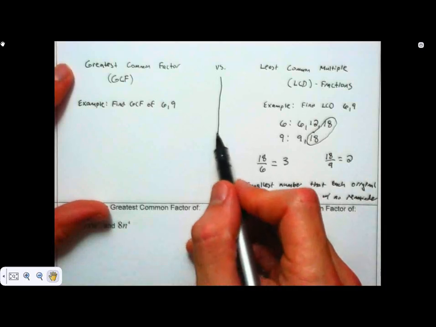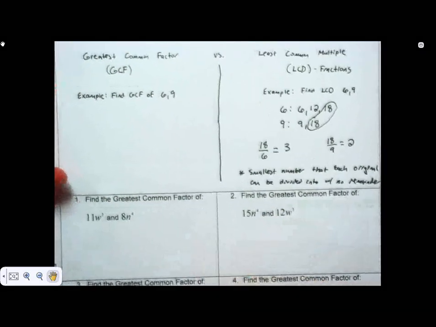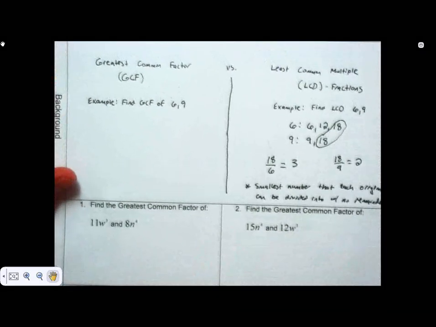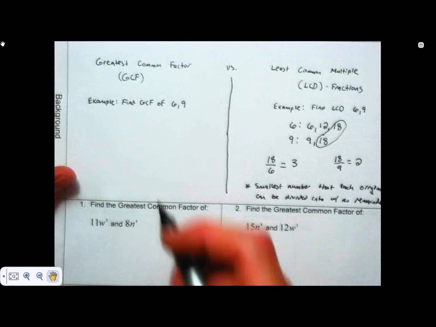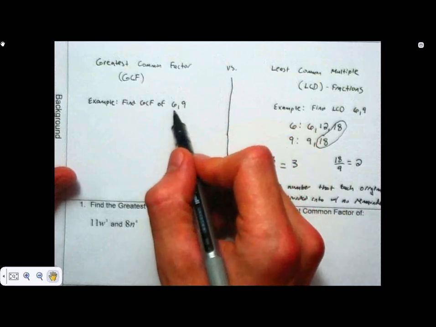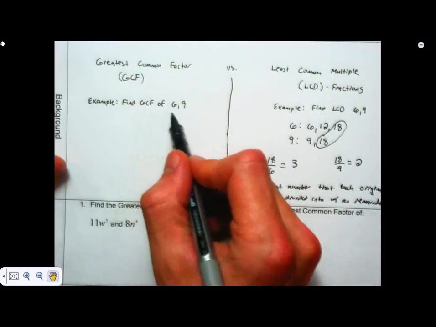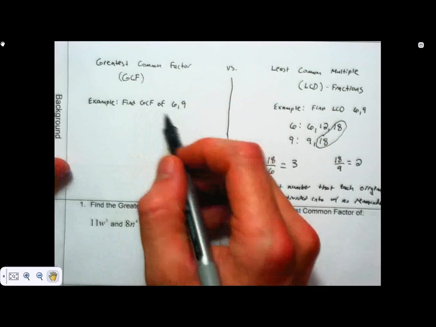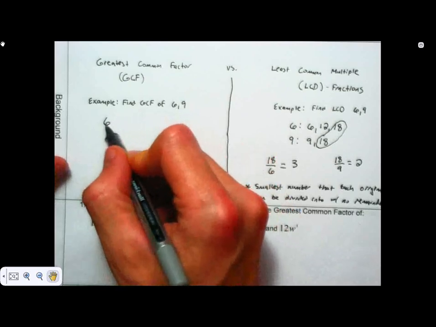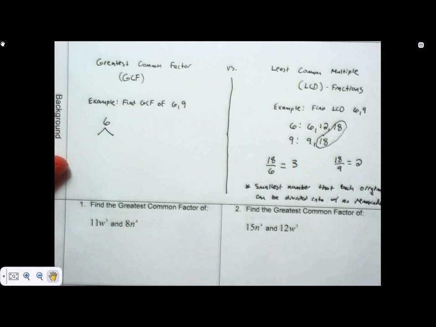So how does that compare with greatest common factor? Well, again, if we go back to what factor means, remember it's the pieces that multiply together to make a number or an expression. So if I want to find the greatest common factor of 6 and 9, what I'm going to do is first find some factors that make up 6 and 9.